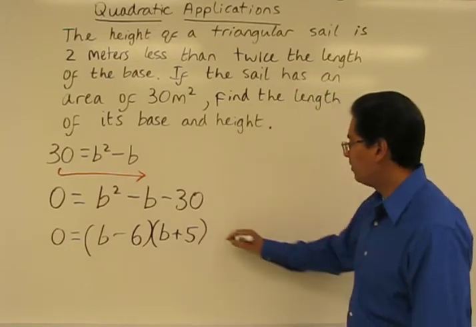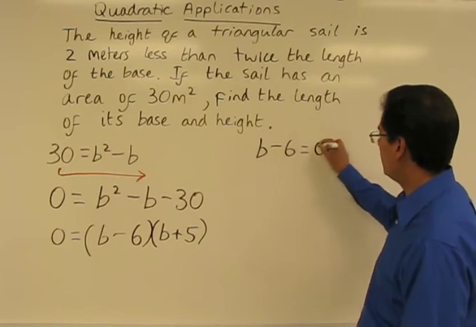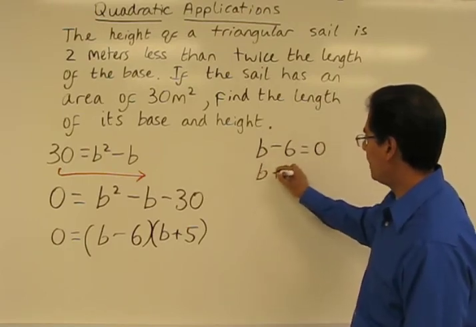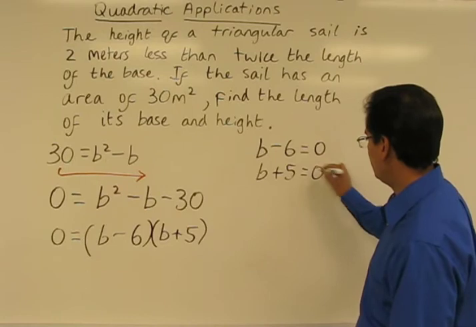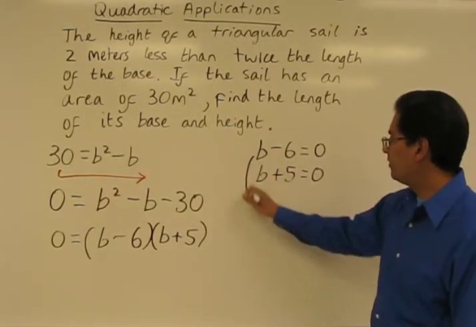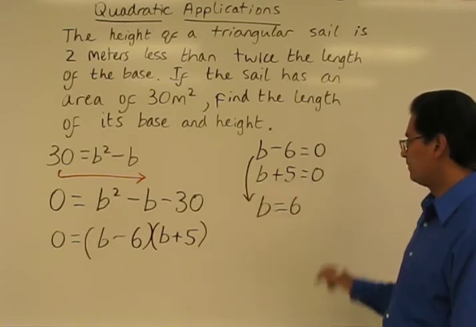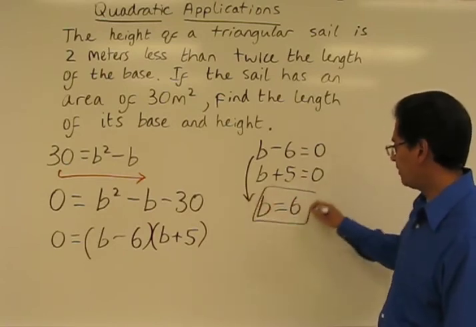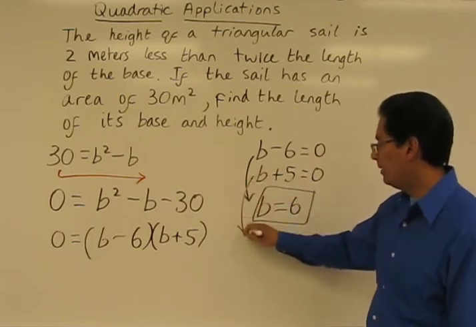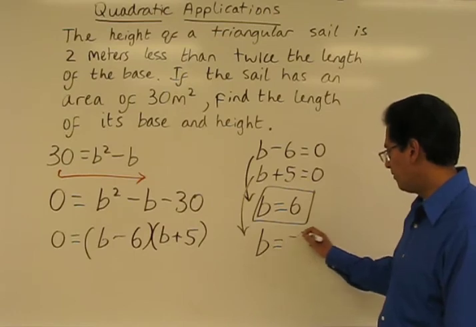And according to the zero factor property, b minus 6 equals 0, or b plus 5 equals 0. And so from each of these, b minus 6, if we solve that, we'll get b equal to 6. So our base is 6. If we solve the other one, b plus 5 equals 0, we'll get b equals negative 5.